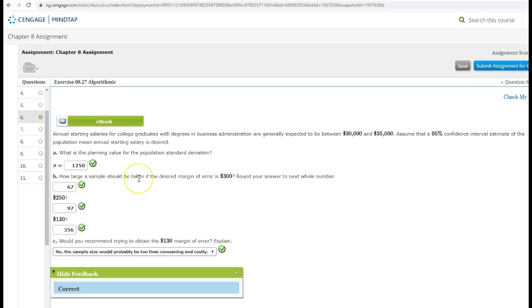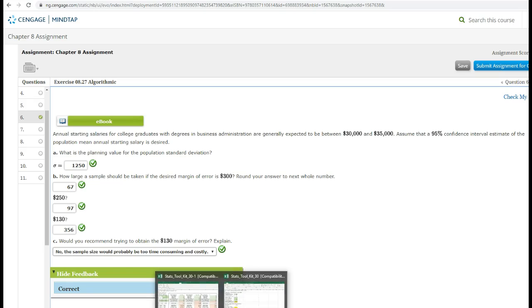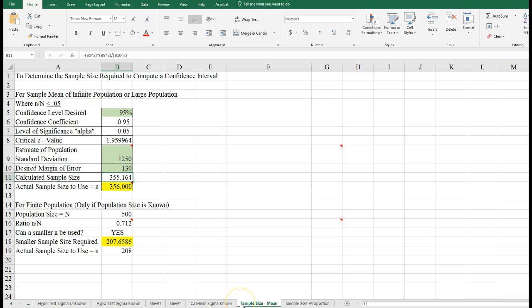They next ask you for the size of the sample you need if you have a desired margin of error of 300. They then change it to 250 and then 130. So you can use that planning value and the z sub alpha over 2 for a 95% confidence interval, which is going to our toolkit.